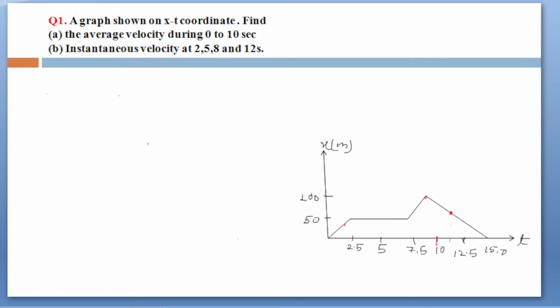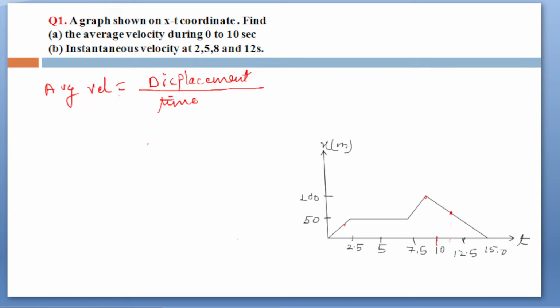First, that is the average velocity. So average velocity, which is the displacement upon time.